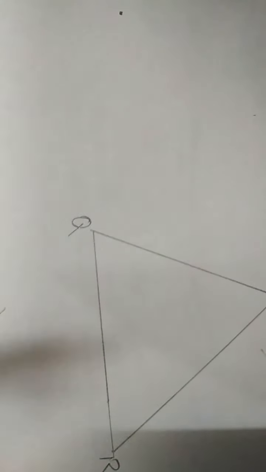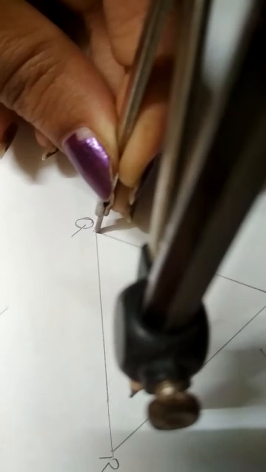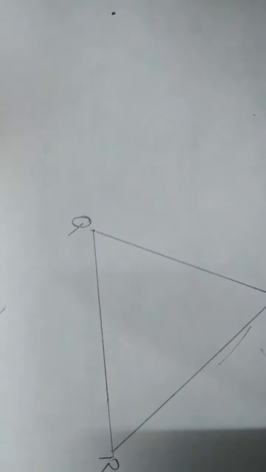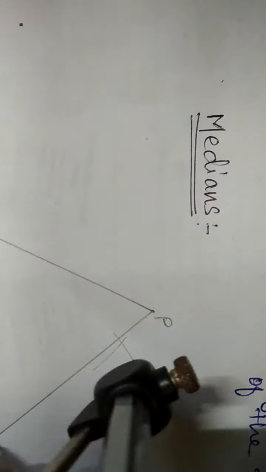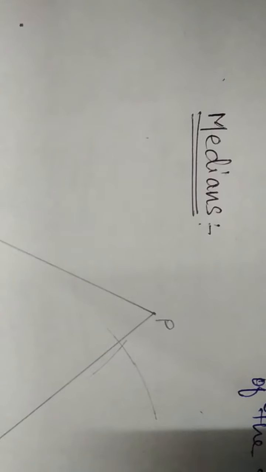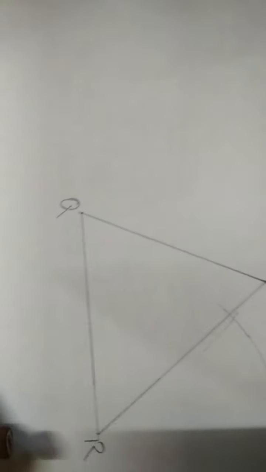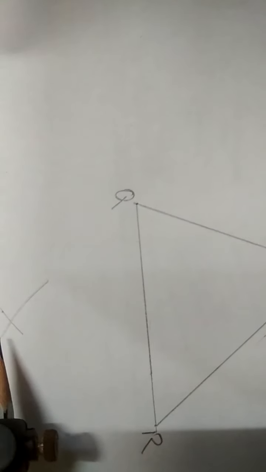Similarly from the point Q we will draw arcs. Here we did not get an intersection point, so we will just extend that arc. You can see the two intersecting points we are getting over here.